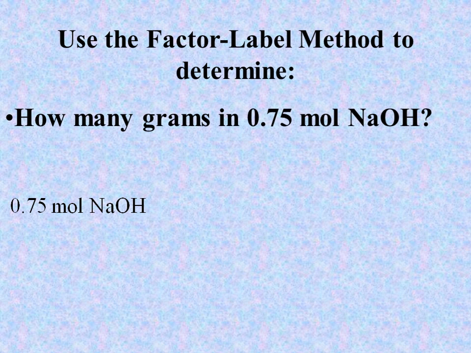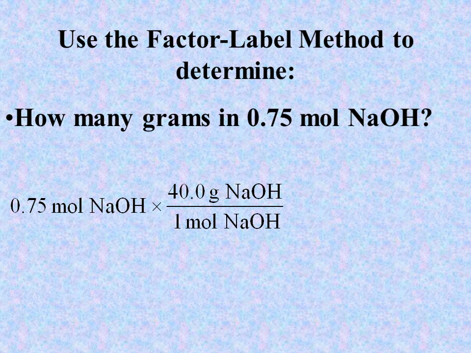And in this case, since we are starting with moles, we want the 1 mole of NaOH to go on the bottom in the molar mass conversion factor so that the moles will cancel out and leave us with grams on top. And when we calculate, once again, we have only 2 sig figs to begin with, so our answer must be rounded to 2 significant figures. And in this case, that simply means that we have to make sure we put the decimal point after the 0 for a final answer of 30. grams sodium hydroxide.